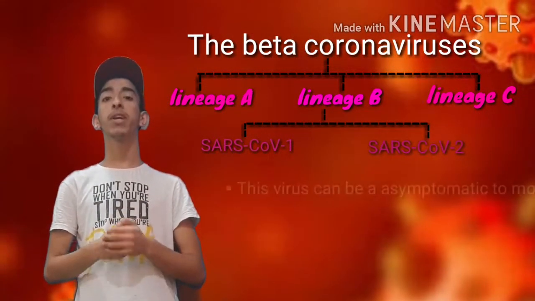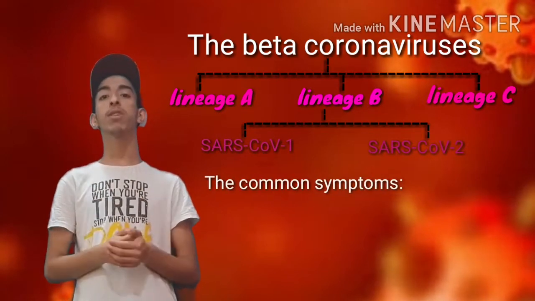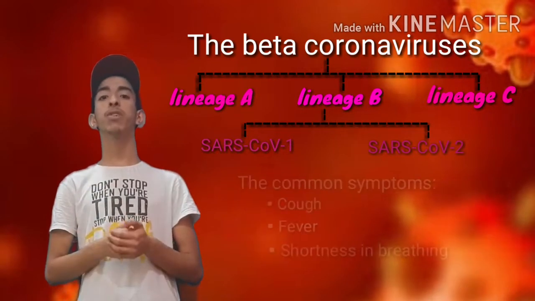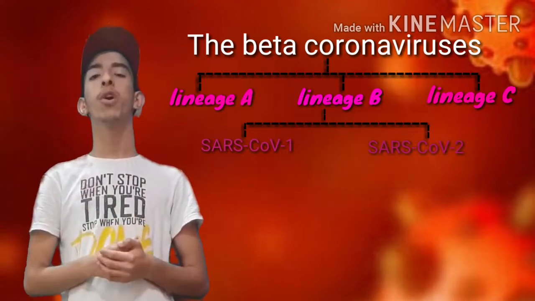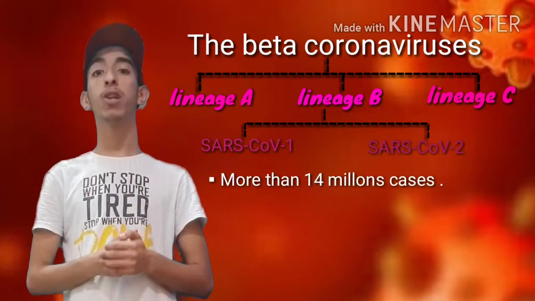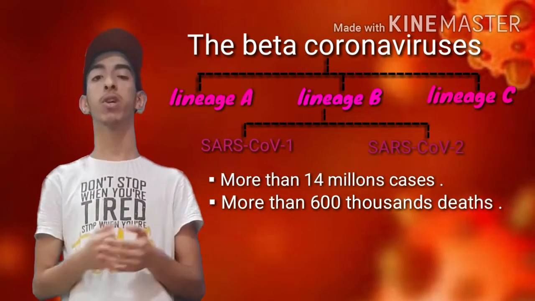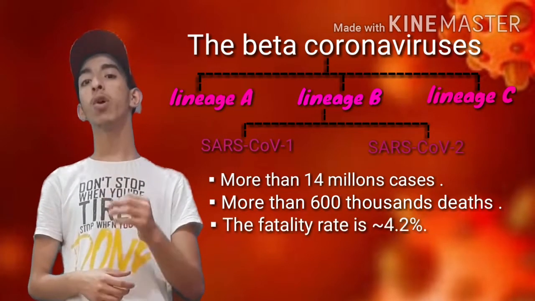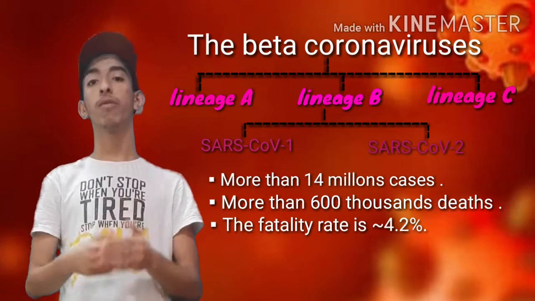This virus can be asymptomatic to more severe symptoms. The common symptoms can be cough, fever, and shortness of breath, and the severe symptoms can be pneumonia. Till now, in July 2020, there are more than 14 million cases and more than 600,000 deaths. So we can say that the fatality rate is approximately 4.2%, which is less than the fatality rate of the SARS coronavirus 1.